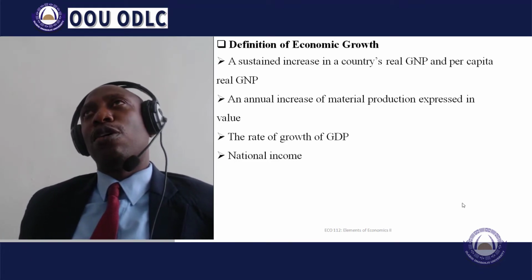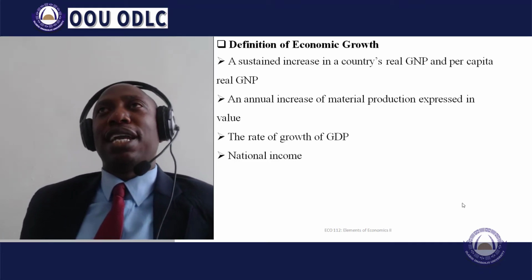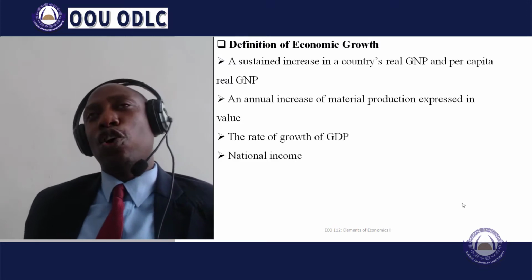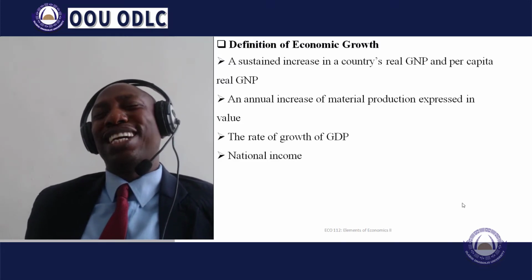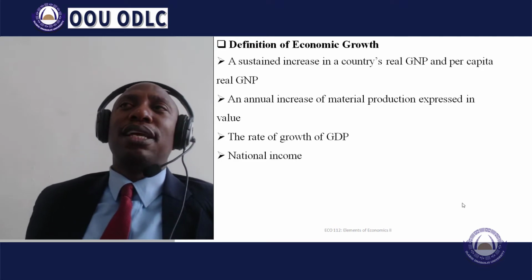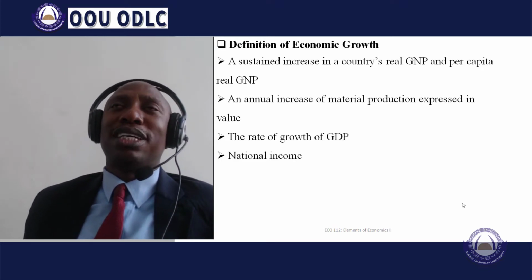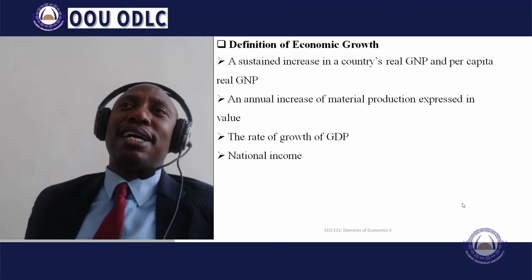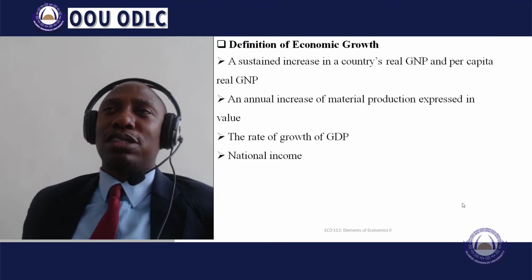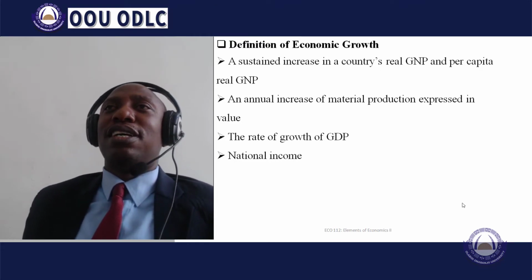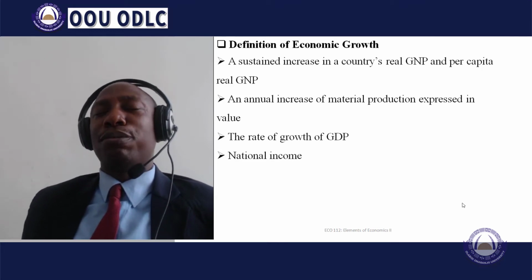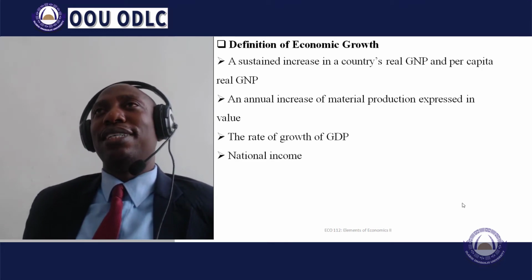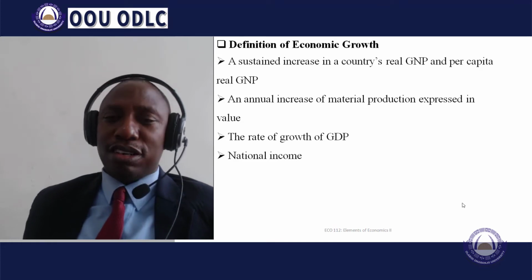Like we taught you national income, one of the approaches of national income is the national output. If the output of the entire nation keeps increasing, and of course when output increases, prices will go up over time, that will make the national income increase.